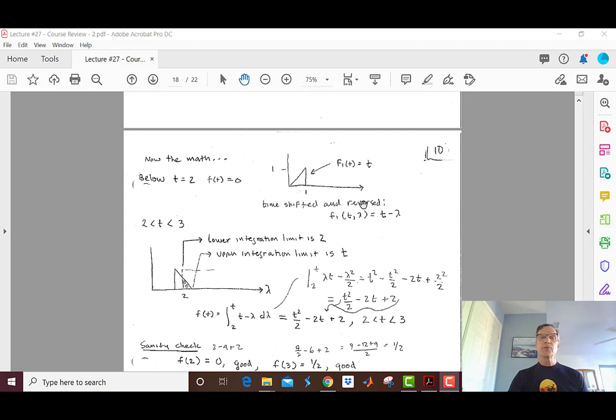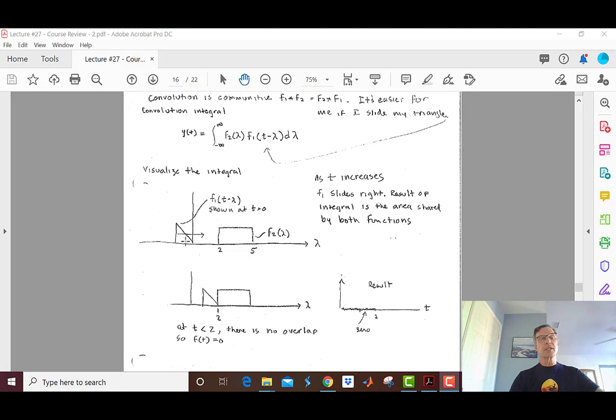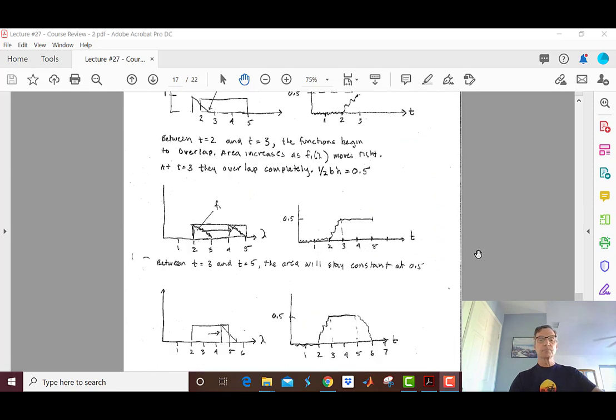So first of all, we know that below t equals 2, there is no response, because we saw up here that below t equals 2, there was no overlap whatsoever. So we can say that for t less than 2, we know that the response is going to be 0.